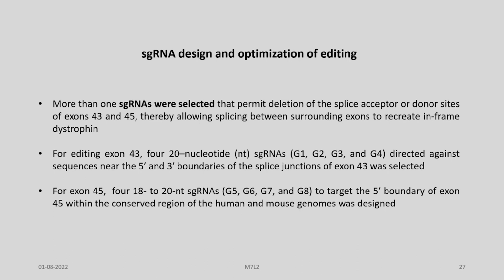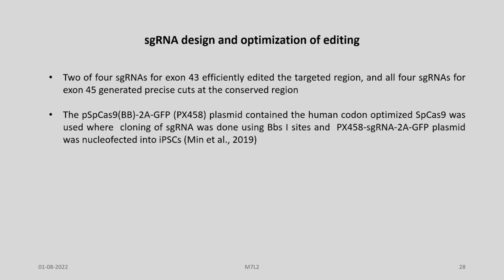For editing exon 43, 20 nucleotide single guide RNAs named G1, G2, G3 and G4, directed against sequences near the 5' and 3' boundaries of the splice junctions of exon 43, were selected. For exon 45, 18 to 20 nucleotide single guide RNAs named Z5, 6, 7 and 8, targeting the 5' boundary of exon 45 within the conserved region of the human and mouse genome, were designed.